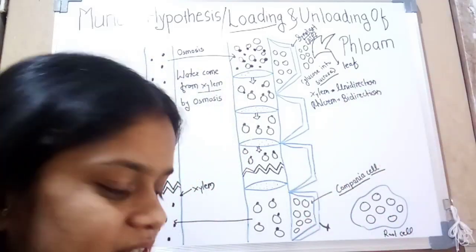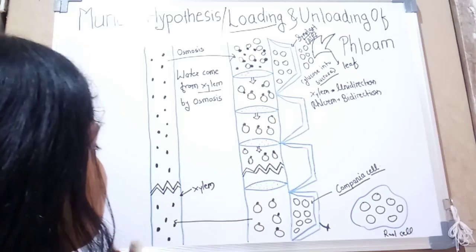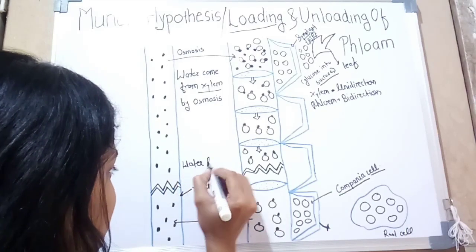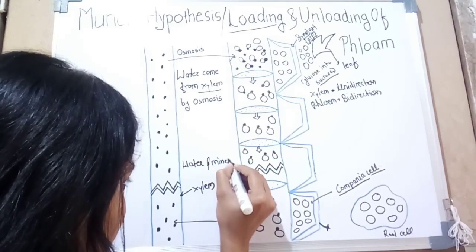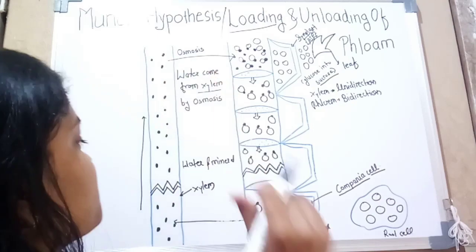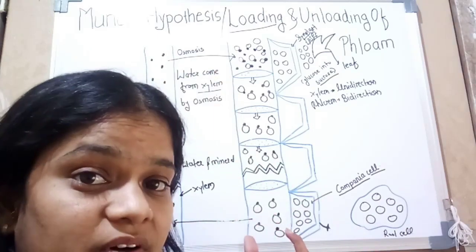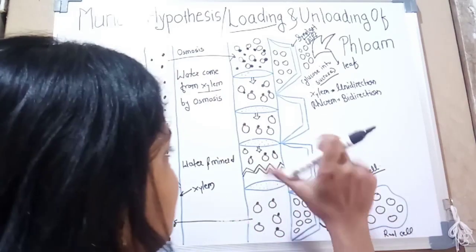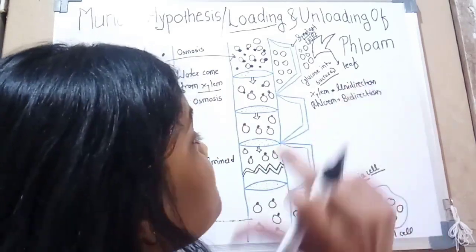So what does it mean? The xylem conducts water and minerals, so the direction is only one. The xylem conducts water and minerals only in that direction. But on the other hand the phloem is bidirectional.